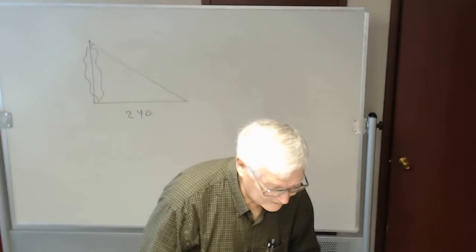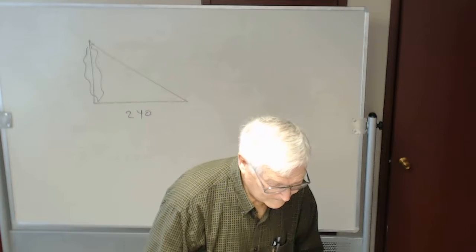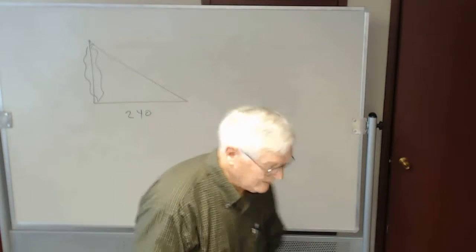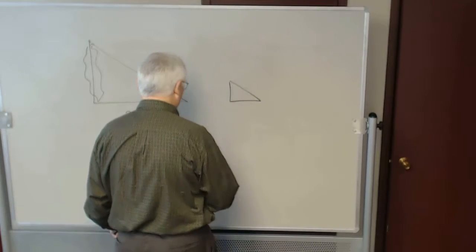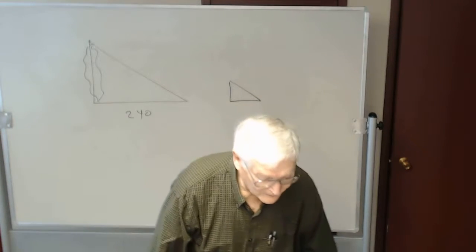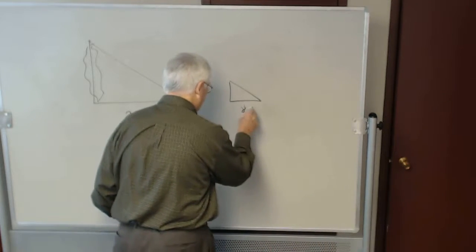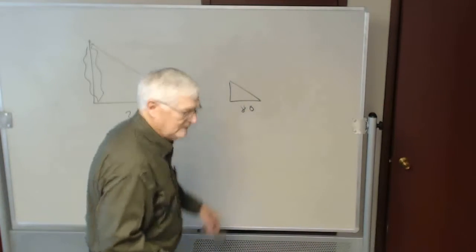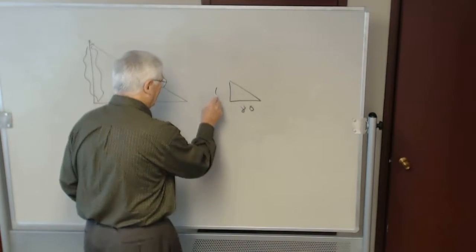And is that all we have? Looks like it. Then we have a little triangle out here that's similar. And what's the bottom of that triangle? 80. And how tall is it? 60. See where I'm getting my numbers?